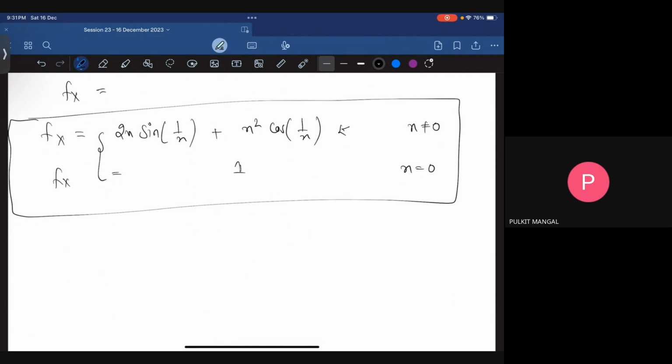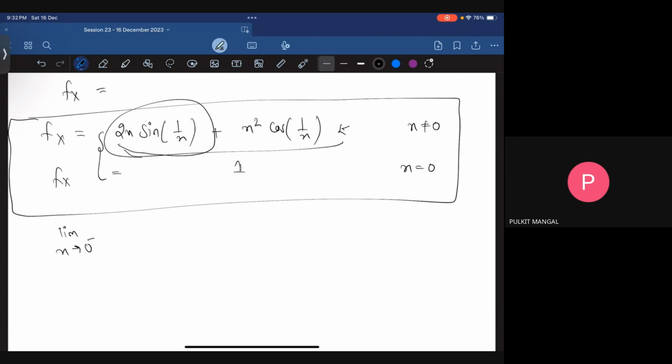So if we are approaching, for this function, the limit of 2x sine of 1 by x plus x squared cos of 1 by x, what would be the limit?